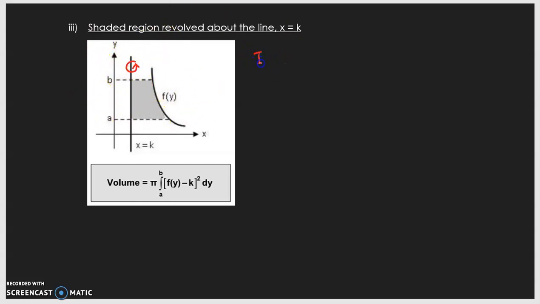So let's say if the shaded region is revolved right and left.